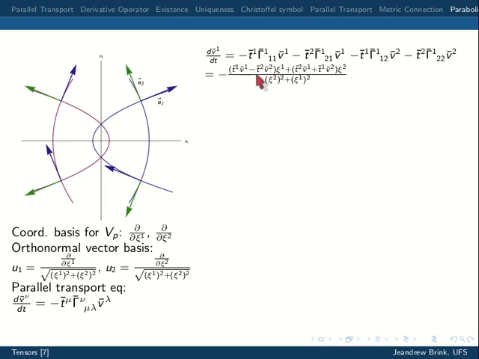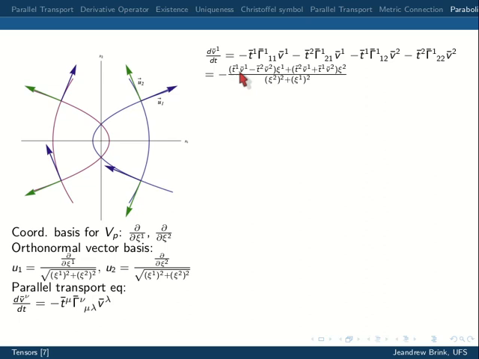And so that's how this thing changes in this coordinate system. So that's a differential equation that basically determines how v changes. Remember, along a curve, you know what c1 is as a function of time, and you know what c2 is as a function of time. That's given to you by the curve. And you also know what t is as a function of time, because that's the tangent to the curve.